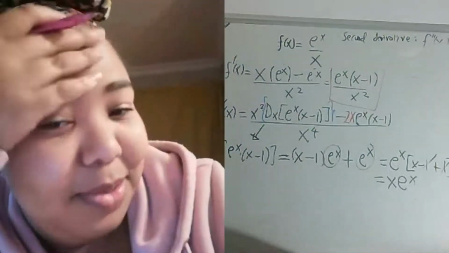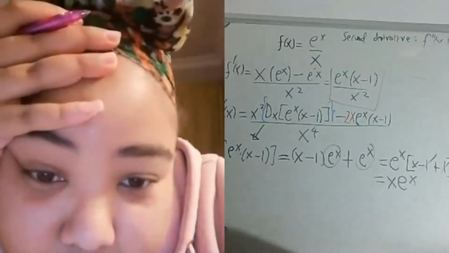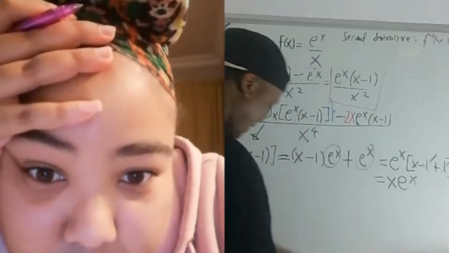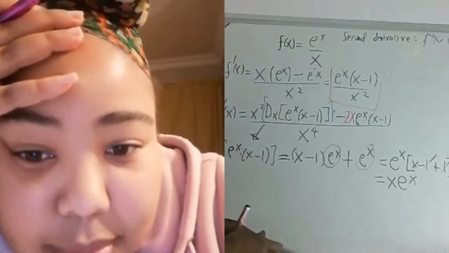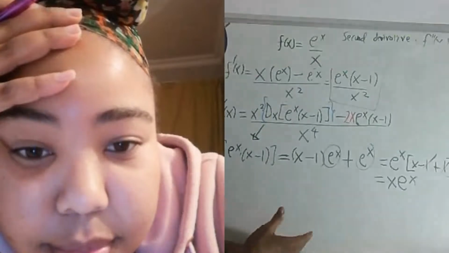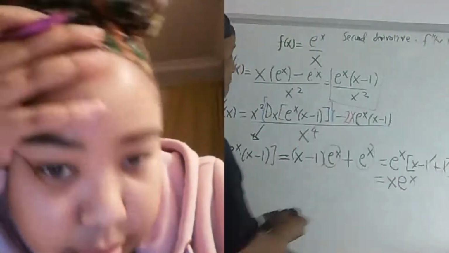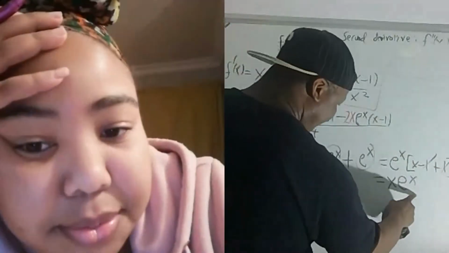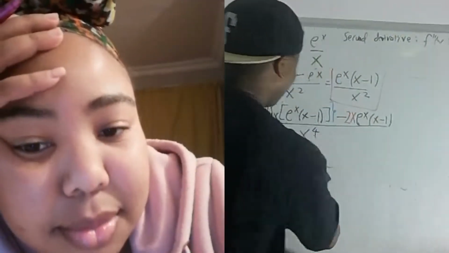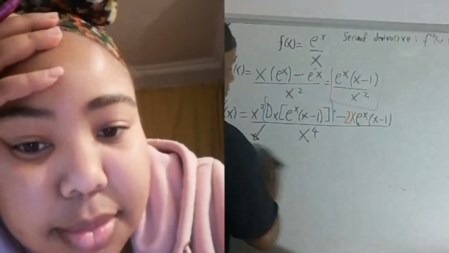I see. So we're going to erase this stuff, but I'll show you a way. If it's a written exam, make sure you show everything. But if it's multiple choice and you want to run and solve, you don't have to show everything. So yes, e^x.